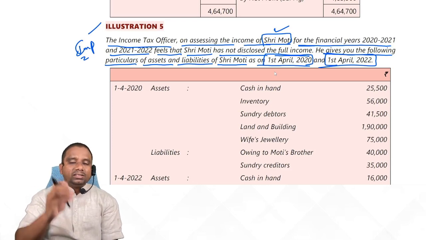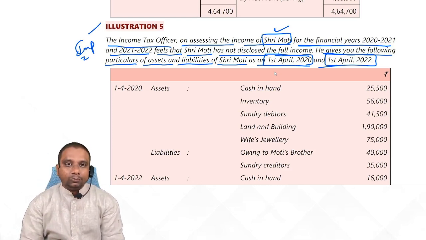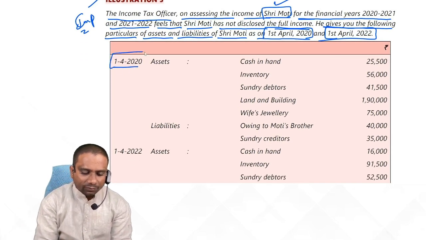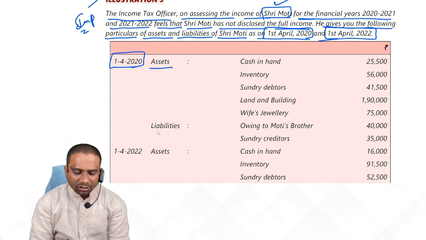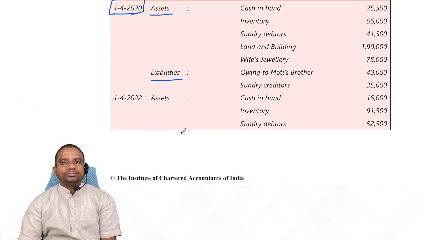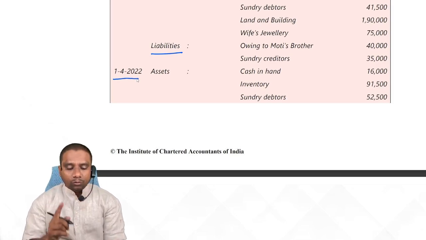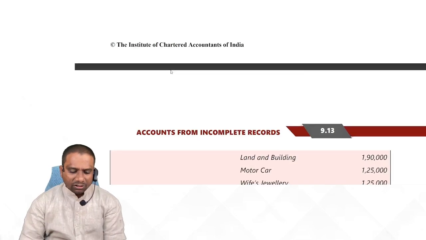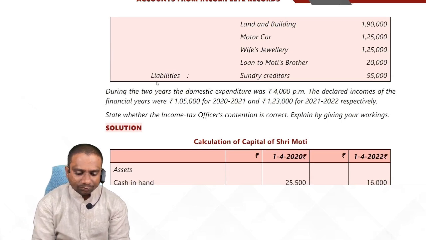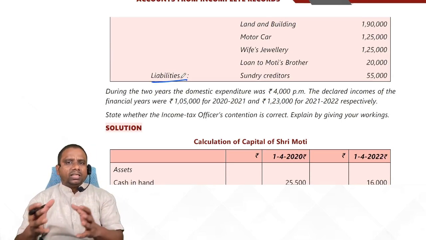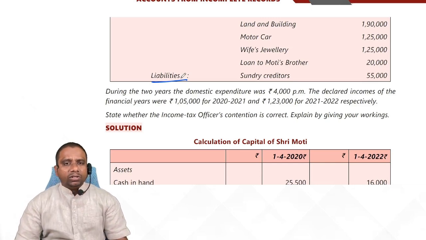So for 2 years, this statement of affairs is prepared. Do remember. One for 2020, with assets information and liabilities information. One for 2022, 2 years time gap. Do remember, assets information and liabilities information. Now all these assets and liabilities we present in a statement of affairs format.